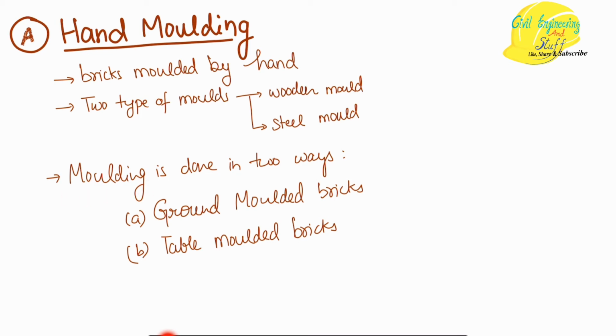And this molding is done basically in two ways. The first is ground molding, and the second is table molding. If the molding has been done on the ground, then the bricks that we get are ground molded bricks, while if the molding is done on the table, the bricks that we get are table molded bricks.